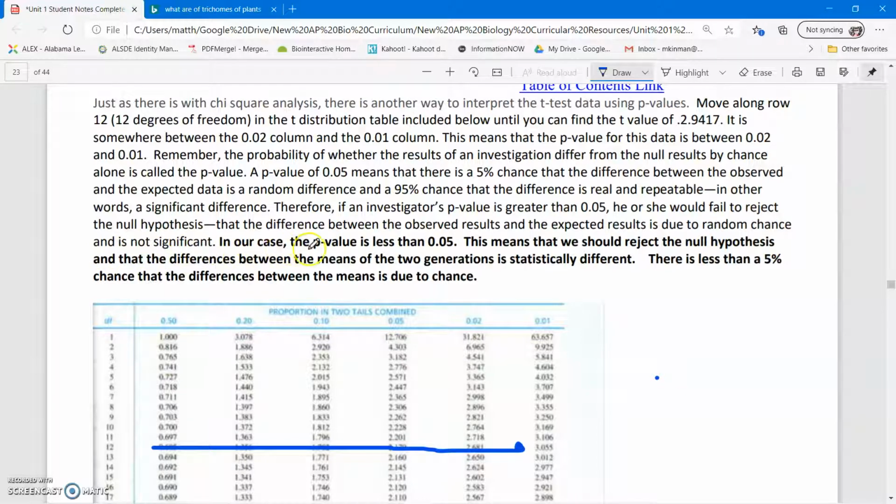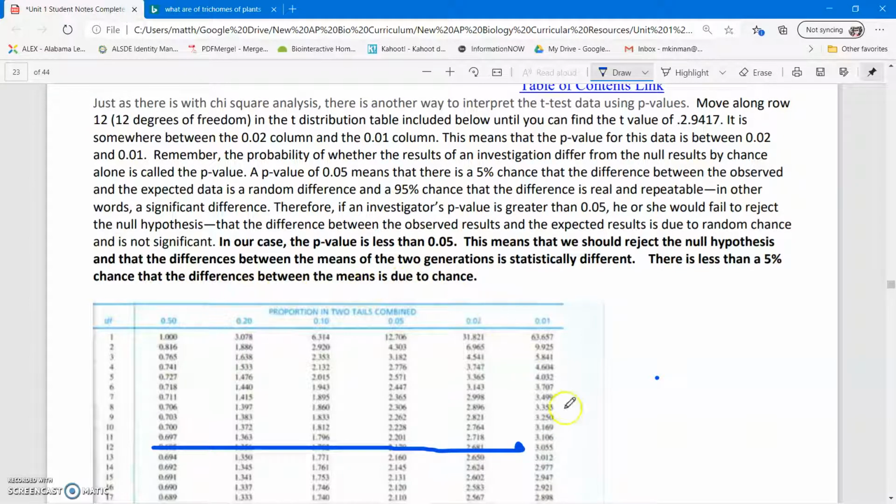In our case, the p-value is less than 0.05. This means that we should reject the null hypothesis, and the differences between the means of the two generations is statistically different. There is less than a 5% chance that the differences between the means is due to chance.